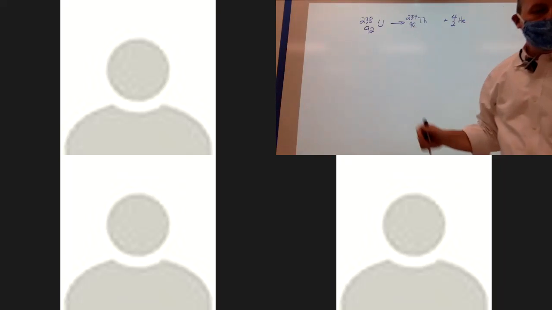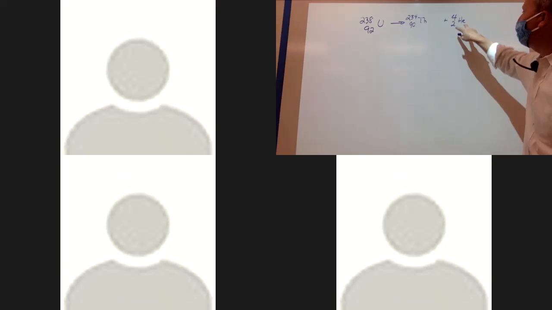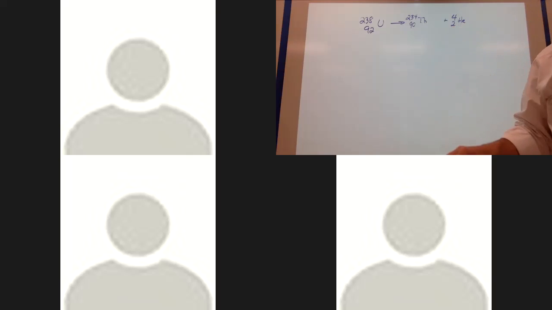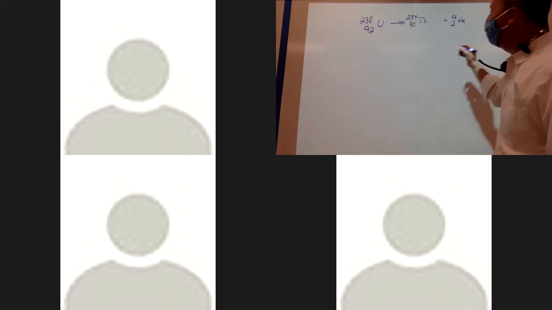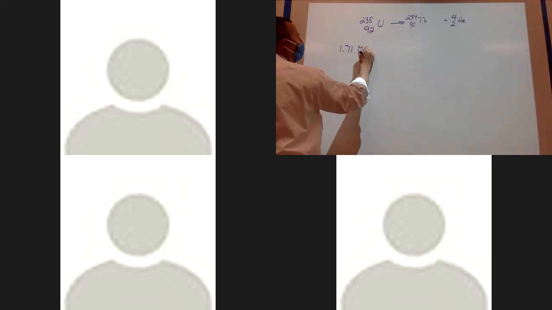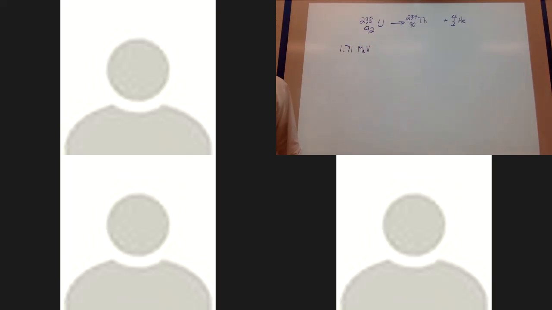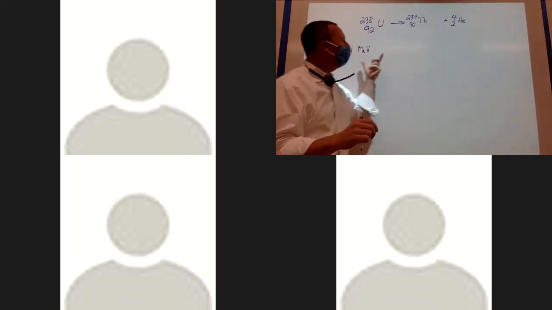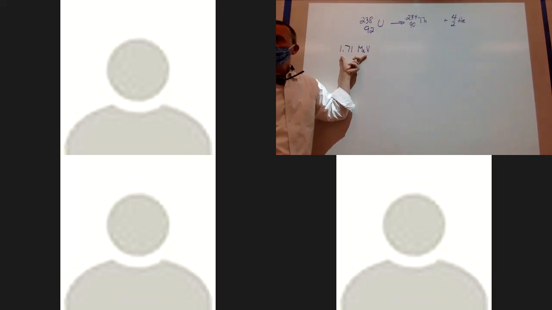And we're given the extra energy, the kinetic energy of that helium atom. Kinetic energy of 1.71, so we're going to go backwards. 1.71 mega electron volts. And we want to convert that into that mass, that loss of mass. This is the loss of mass.